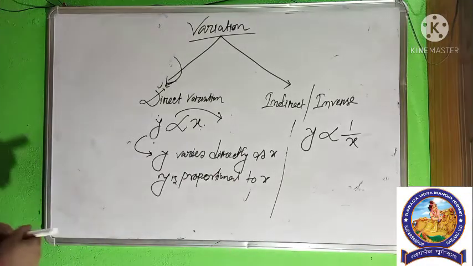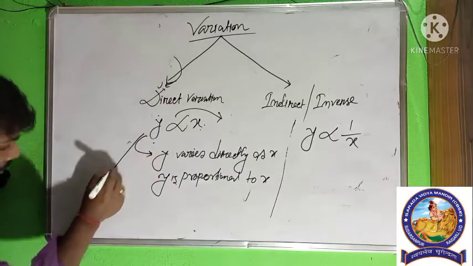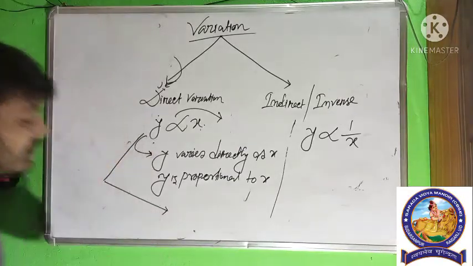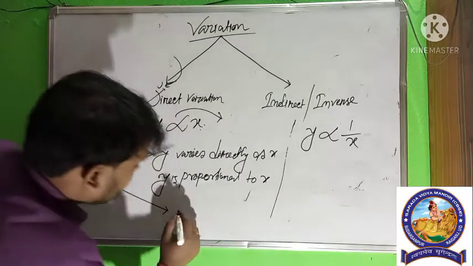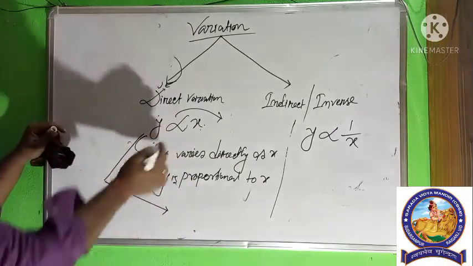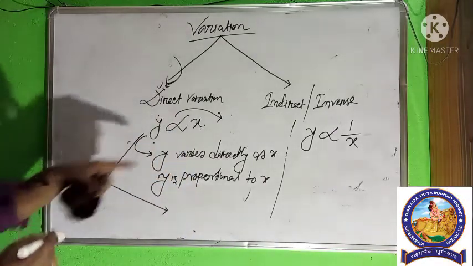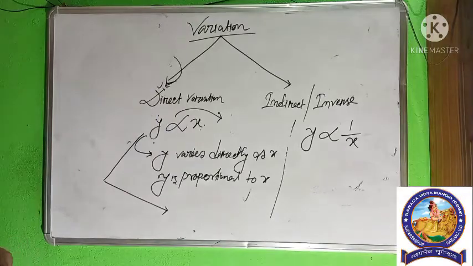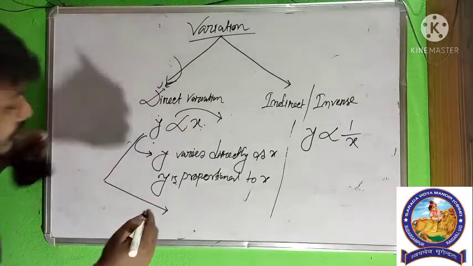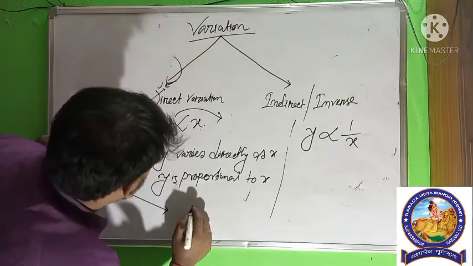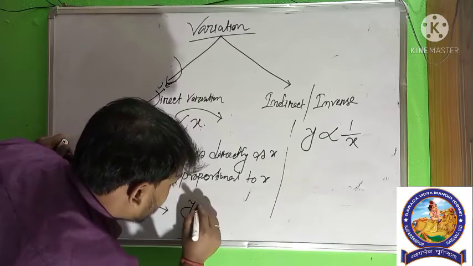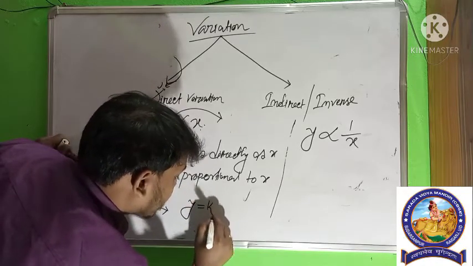Now it can be written in equation form. If we replace the mathematical representation of direct variation by an equation, then it becomes y equal to kx.